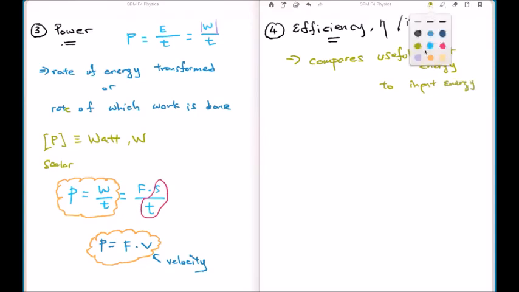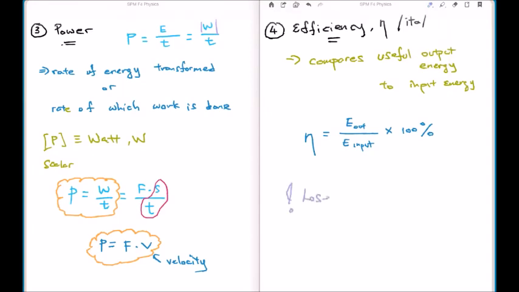If you want to put it into an equation, the efficiency is the energy of the output over the energy of the input, times 100%. Where will you normally see it? It's about loss of energy. Why do you want to know about efficiency? Because there's a loss of energy during the transformation.